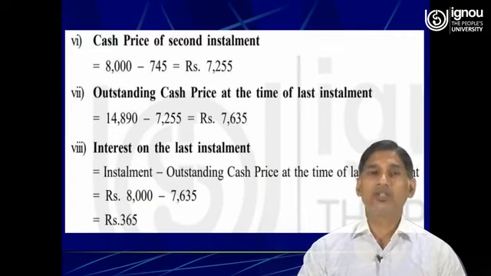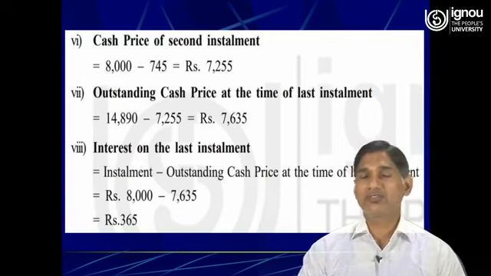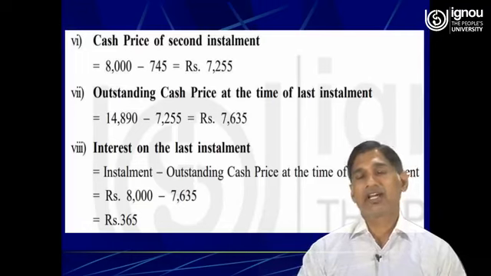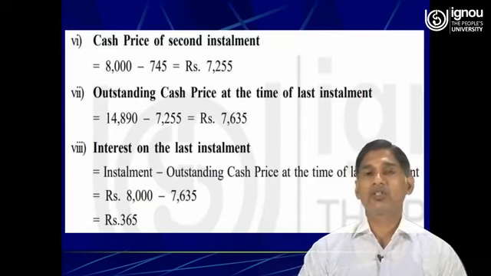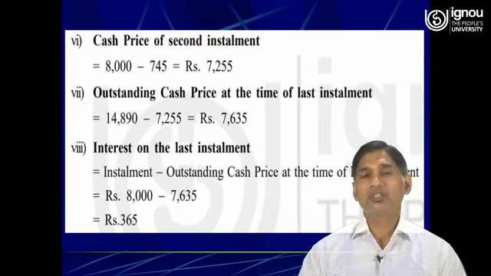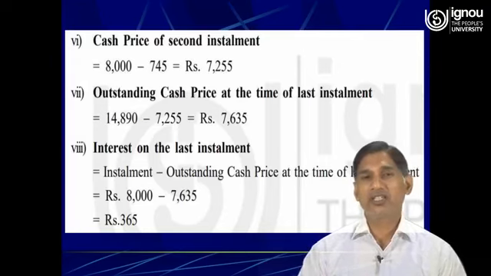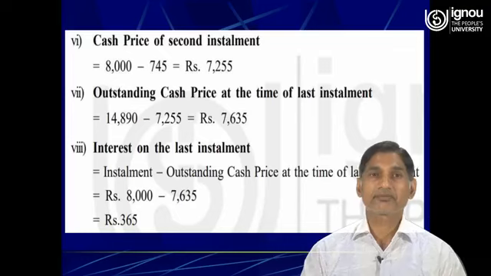So this is how the amount of interest is calculated. The total interest is the total hire purchase price minus the cash price of the product. And this is how we can calculate the amount of interest included in each installment.